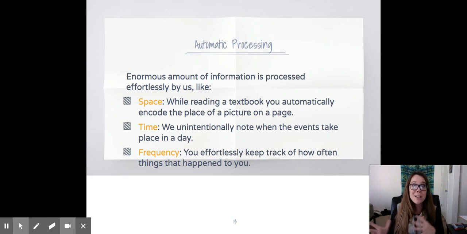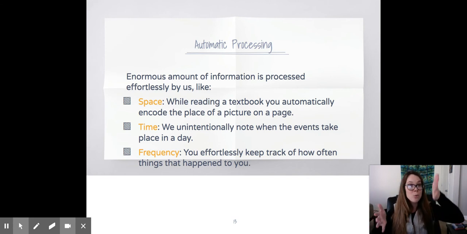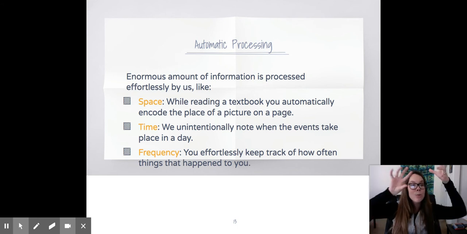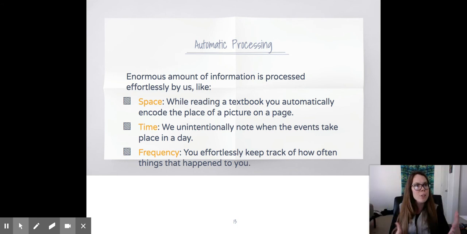Time: we unintentionally know when events take place in a day. I can remember really strong memories in my brain where it's like, oh, it was nighttime outside, or it was right after dinner. Our brain naturally processes where it was put within the day because it also helps us store it, right? And also frequency. You effortlessly keep track of how often things happen to you.